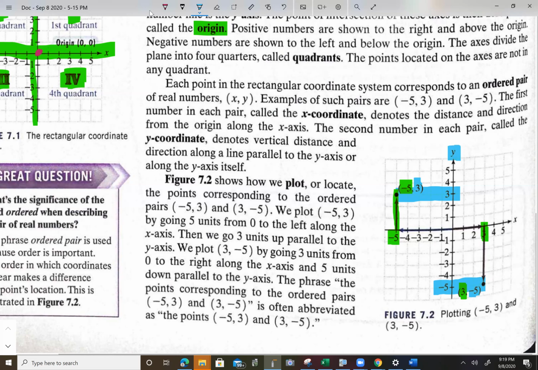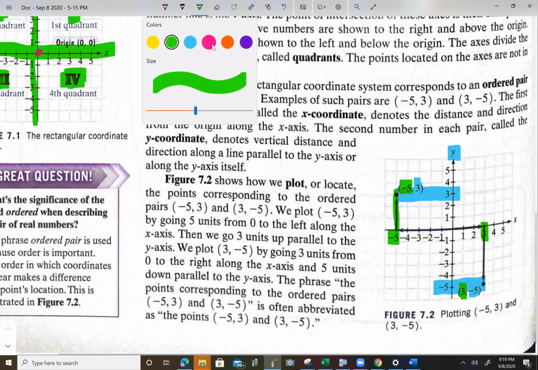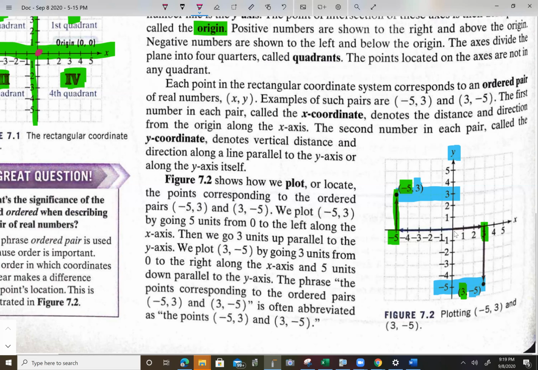I think when we were first learning how to plot points, you talked about going over and then up. So you go over is your x and up is your y. And we'll talk about that as rise over run when we talk about slope.